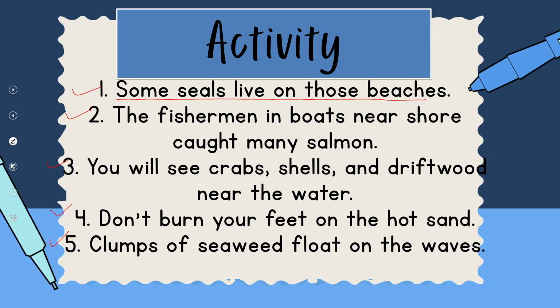Yes, seals is a plural noun, and beaches are plural. And we used this determiner because we are dealing with a plural noun. That's why we used those, not these, this or that. And the fishermen in boats near shore caught many salmon.